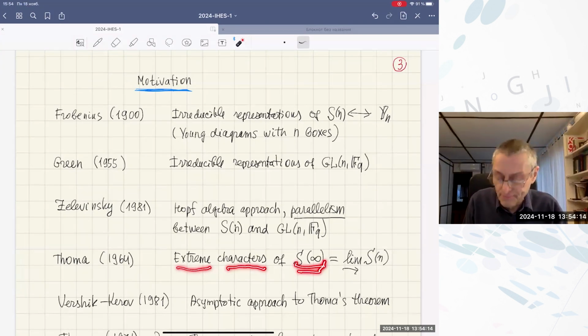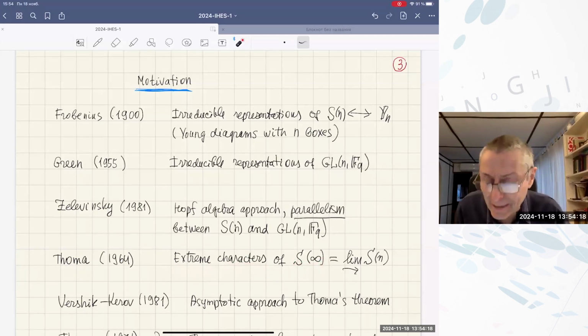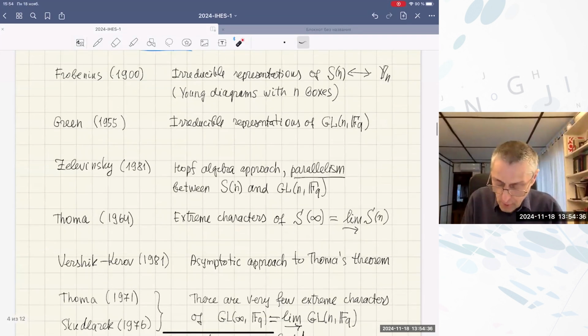These are not irreducible characters, but some natural analogues of them. And it turns out that there are plenty of such objects, and they are parameterized by countably many continuous parameters. So there are plenty of them, but they admit a classification.